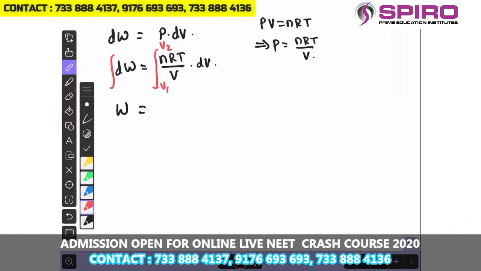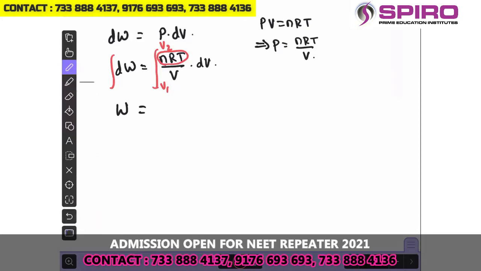Being temperature constant, nRT is constant and can be written outside the integral, so it becomes nRT times the integral of 1 by V dV in the limits V1 to V2.